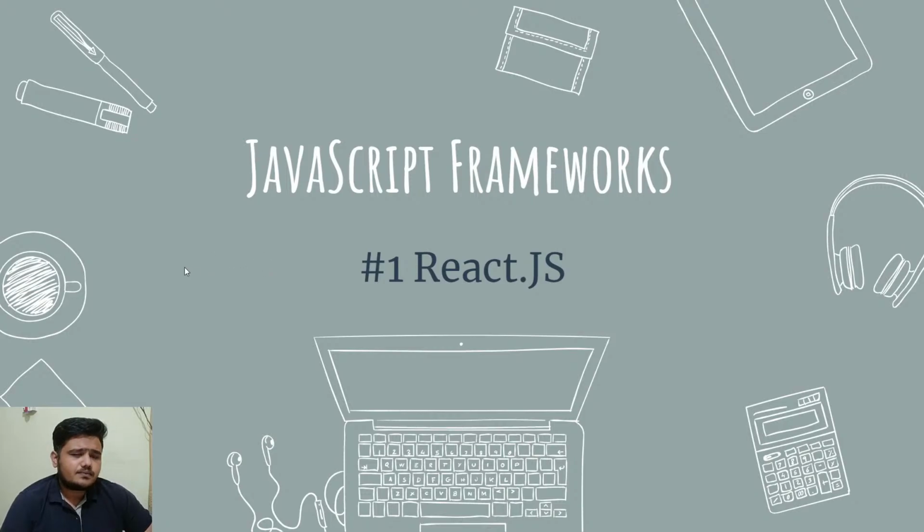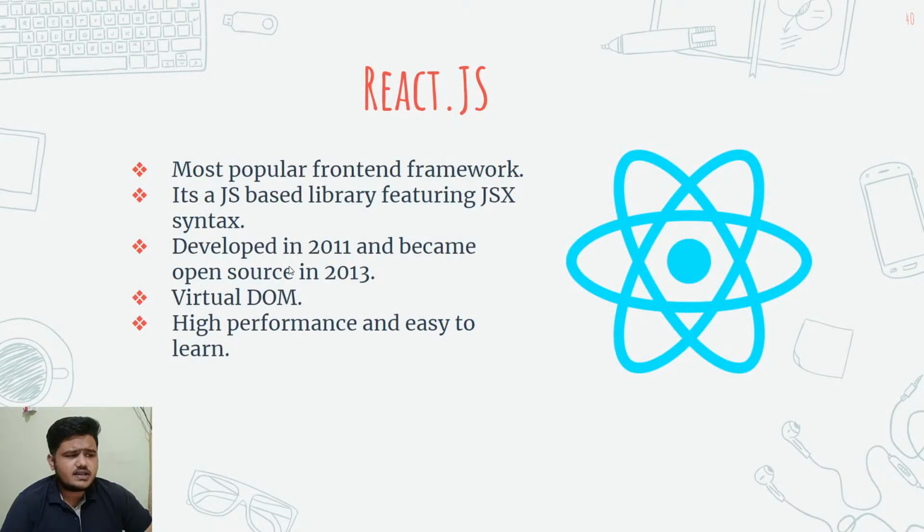Okay, so when we talk about React.js, it is one of the most popular front-end frameworks, right? However, we call it a framework, but it is a JavaScript-based library featuring JSX syntax, and it was developed by Facebook, right?